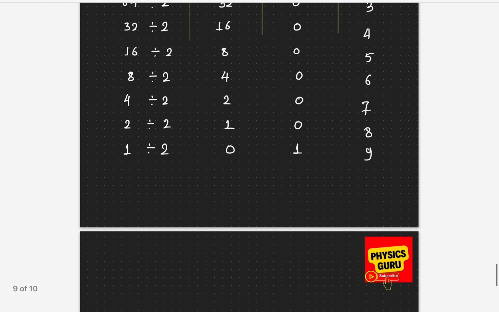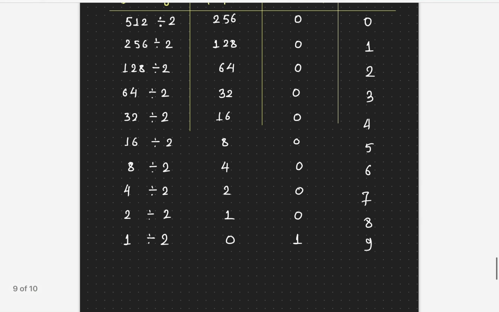Now to get the binary number, we simply write it down this way. We have 1, and how many zeros do we have? We have 9 zeros. So simply write down 9 zeros.